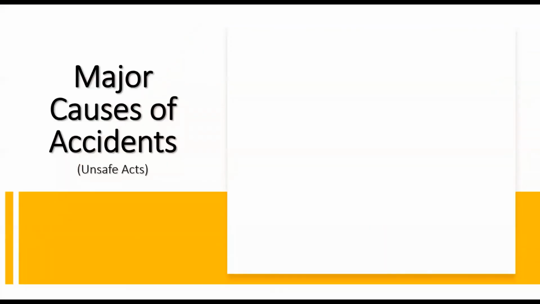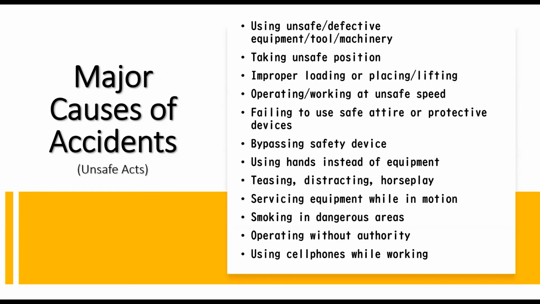Now, major causes of accidents can be in the form of unsafe acts. Okay, example of unsafe acts, ayan, class. Use of taking unsafe positions, improper loading or placing or lifting. Ito din, using cell phones while working. 'Di ba?